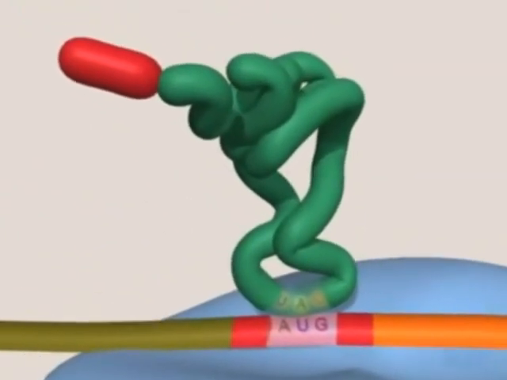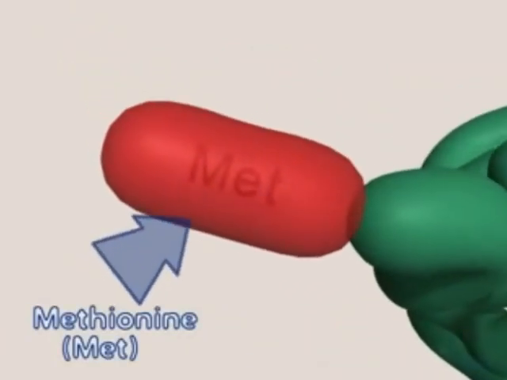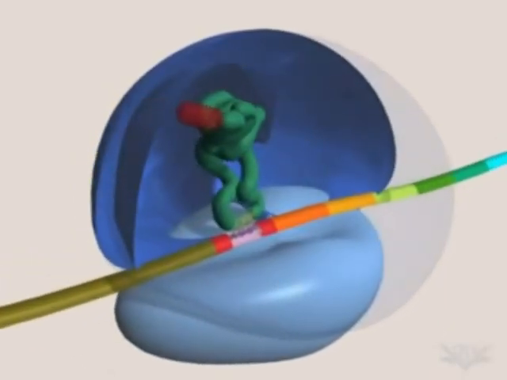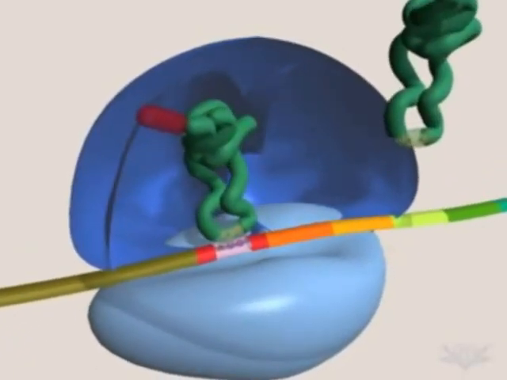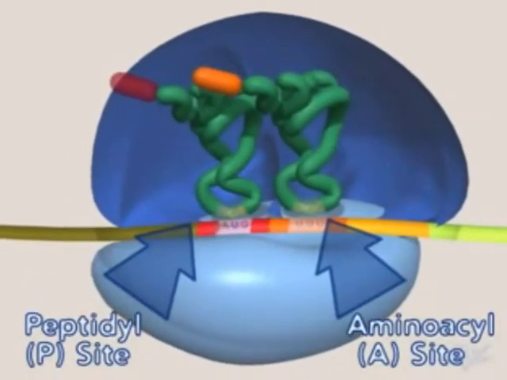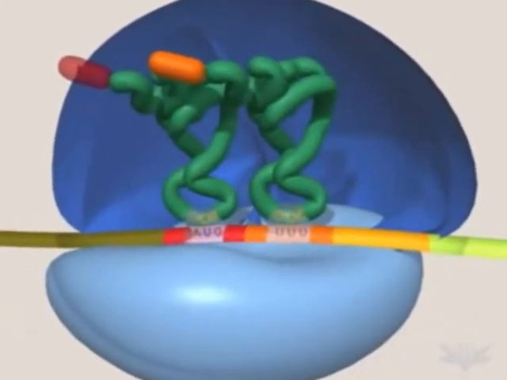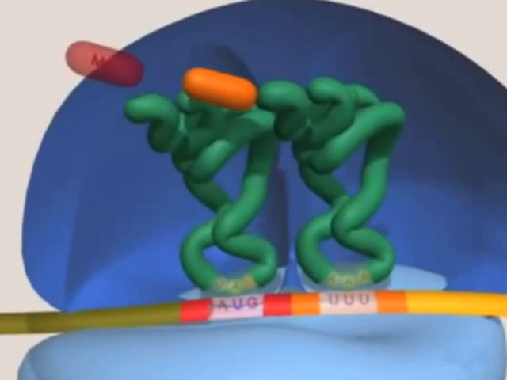Attached to the tRNA is the first amino acid, methionine. Another transfer RNA comes, complementary to the second mRNA codon, and bears the amino acid decoded by the codon. The methionine is then transferred to this amino acid.